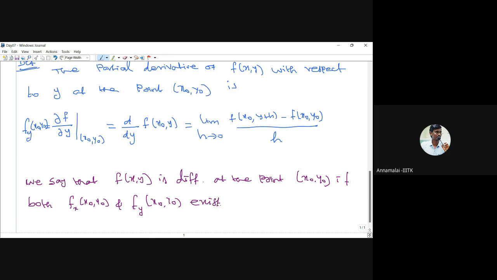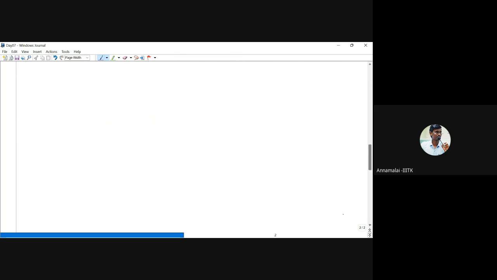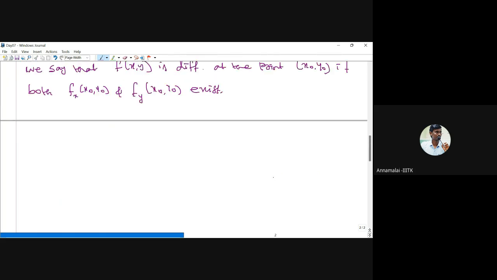Just exist, need not be equal. So if both partial derivatives exist, then we say f is differentiable. If one partial derivative exists but the other does not exist, then we say the function is not differentiable. Again, a function is differentiable on a set if it is differentiable at every point of the set.